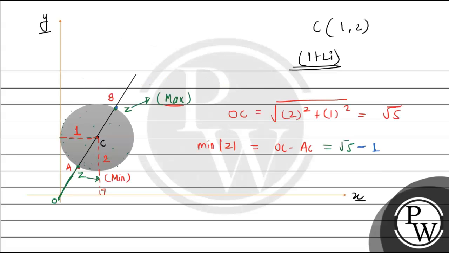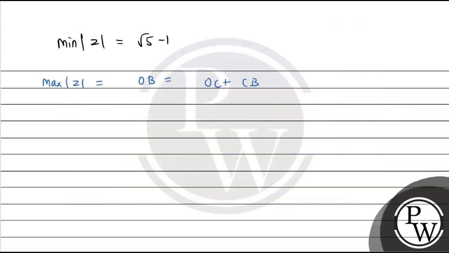If we check from graph here, from O to C, then from C to B, if we add this distance, we will get OB. So O to C we have already found, it's root 5, and CB is the radius of that circle, which is 1, so root 5 plus 1 we are getting. Okay, so this way we have found that minimum modulus of Z is root 5 minus 1, maximum modulus of Z is root 5 plus 1.